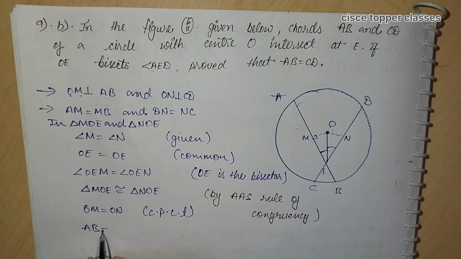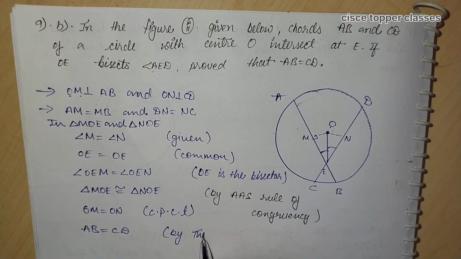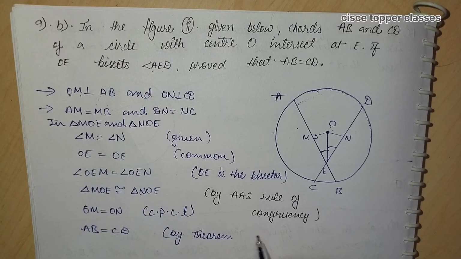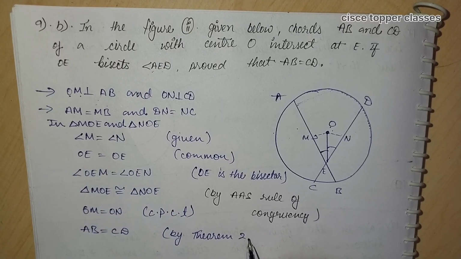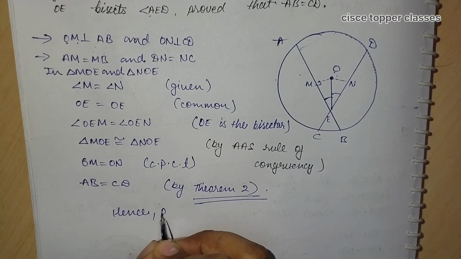So here we can say that AB is equal to CD by the theorem which we have studied previously, theorem 2. So this is the final thing which we had to prove, hence proved.